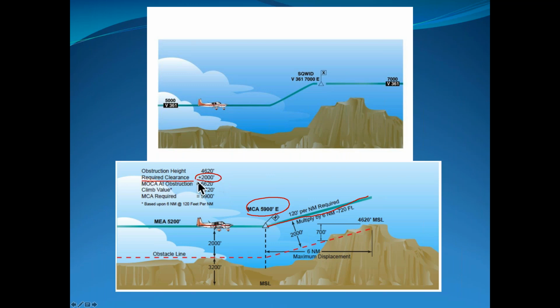Required clearance 2,000 feet, not 1,000 feet. I must have been mixing up my method 1 and 2. But there you go. This just helps visualize that. You'll always see these at an intersection marking, and that just means that's 6 miles to that highest obstacle.